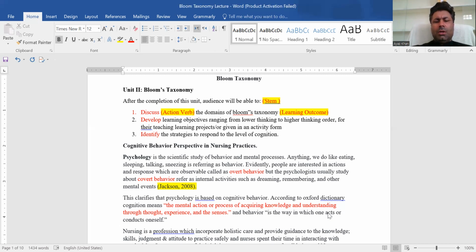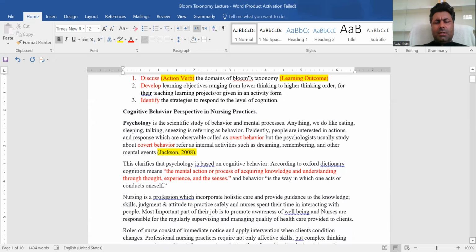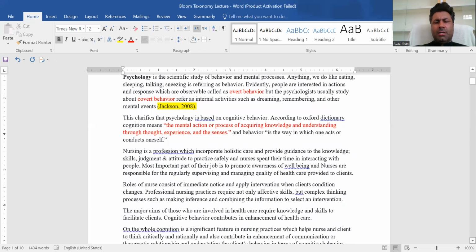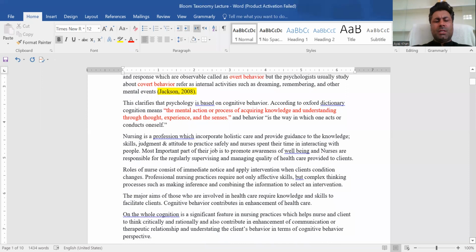In the nursing profession, we make different decisions every minute, like having patients in the critical areas, being a professional working in the ICUs, or even in the ward.